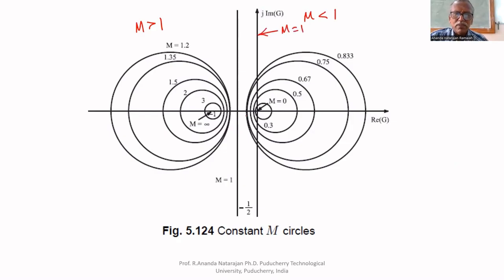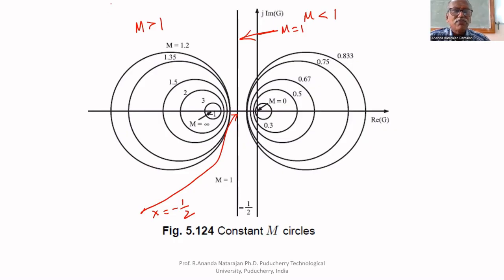When m equal to 1, you will get a straight line at x equal to minus 1 by 2, here at this point. So it is a straight line. Otherwise, it is a circle.